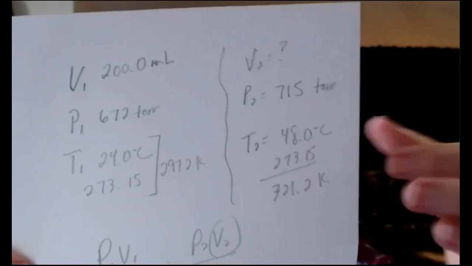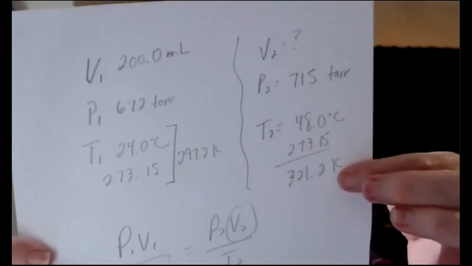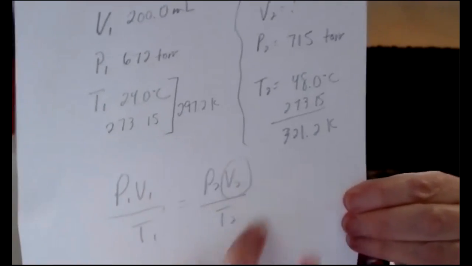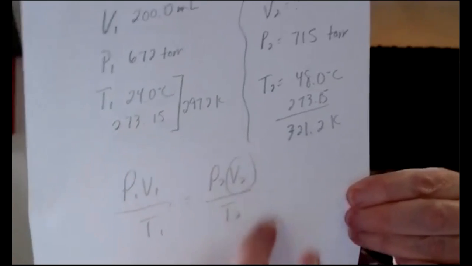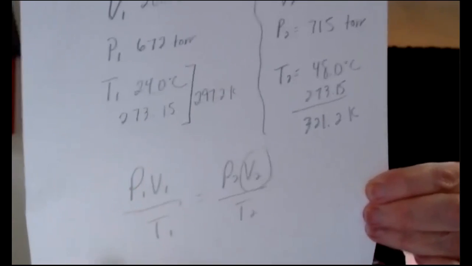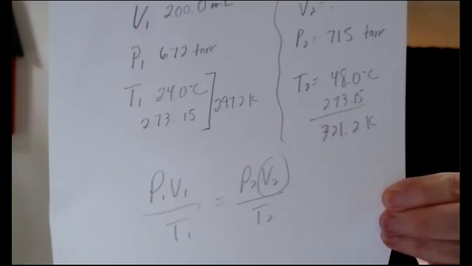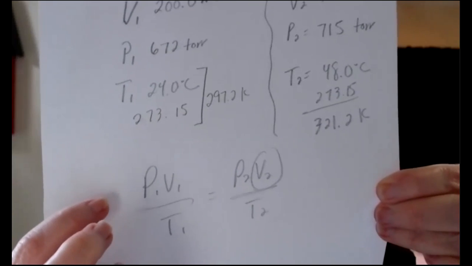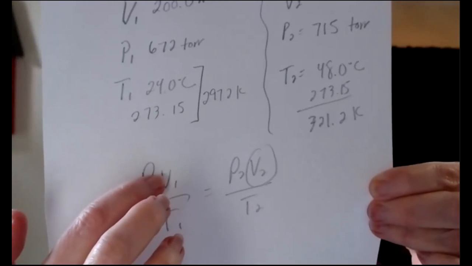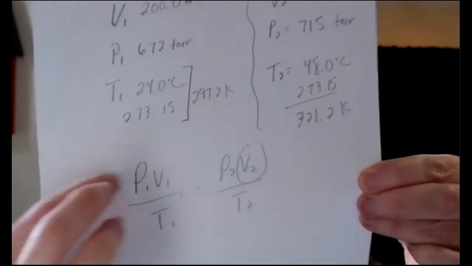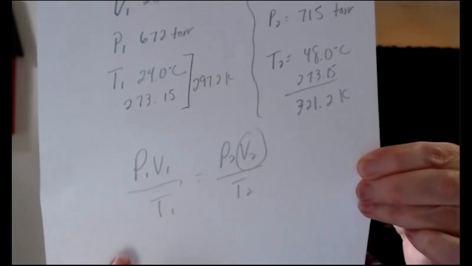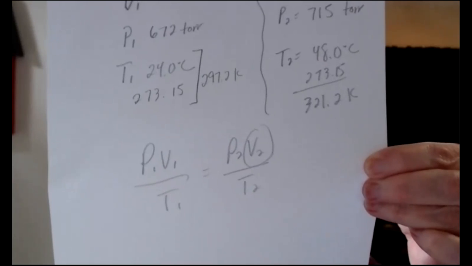It has to be converted. This is the formula you're plugging in using your algebra, which V2 then is going to equal P1 V1 T2 divided by T1 P2.